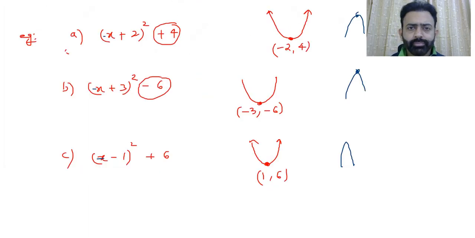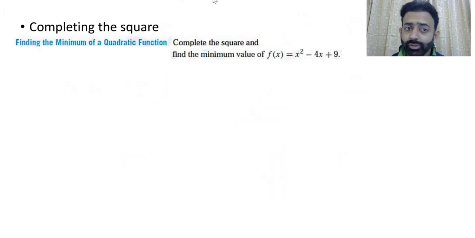All right, based on completing the square that we have done, let us do one question which says: complete the square and find the minimum value of this one. I think that is now a piece of cake. Solution: writing this as (x - 2)². Let us solve this step by step.